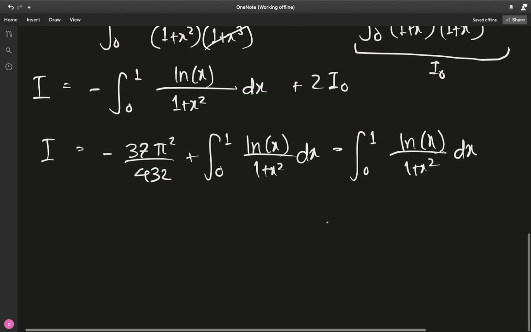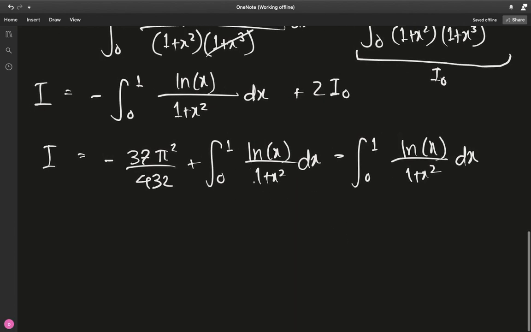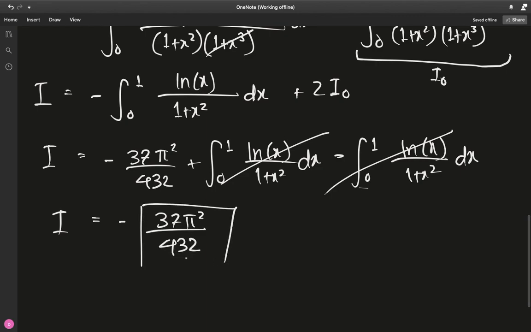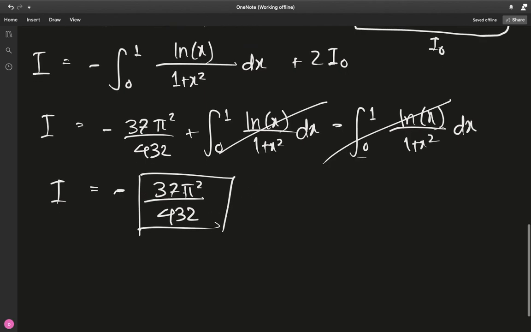So two integrals evaluated on the same upper and lower bounds having the same integrands subtracted from each other will cancel out to 0. So I is just negative 37 pi squared over 432. Isn't that a really nice answer? Given all the trouble we went through, it's really nice to write it this way.